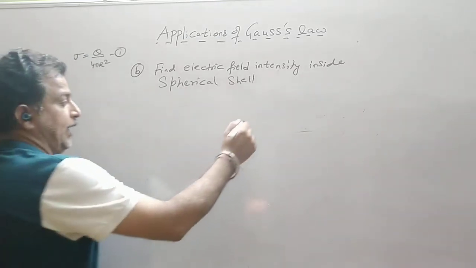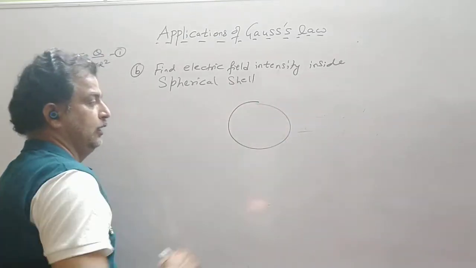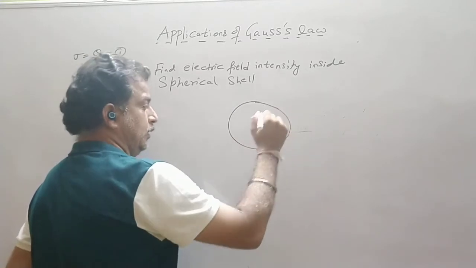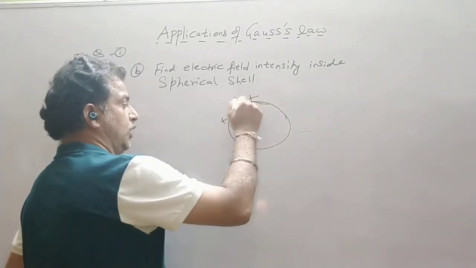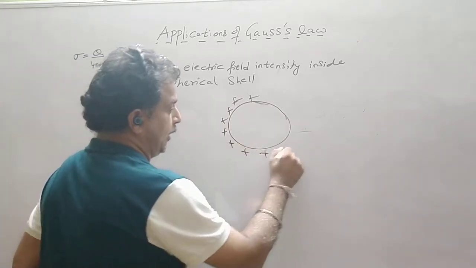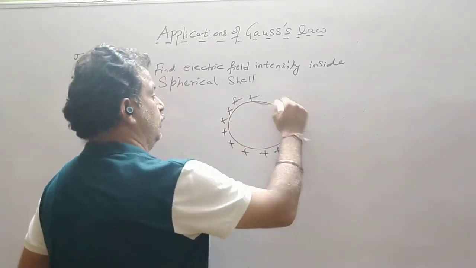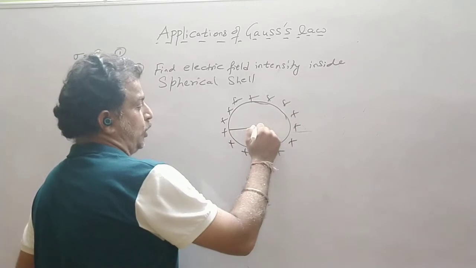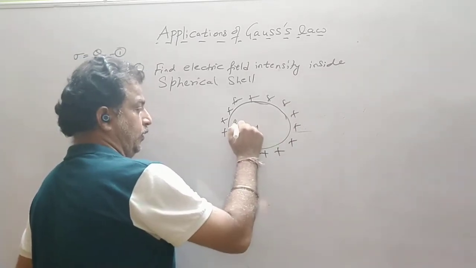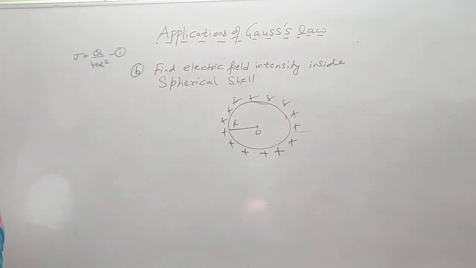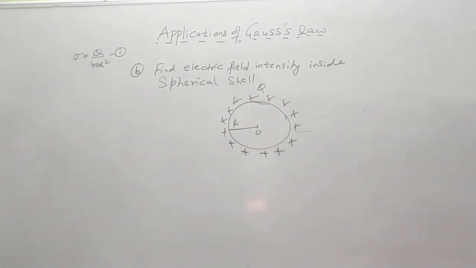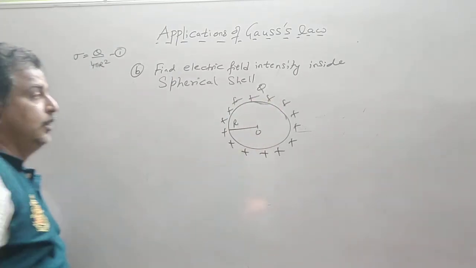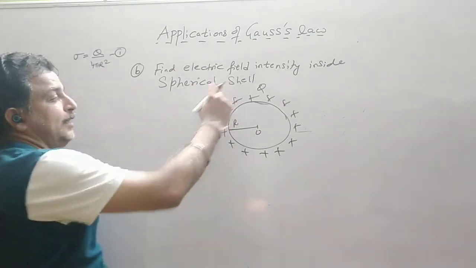So now again we take a source. Source was the hollow sphere on which the charge distribution is taken as positive. The radius was capital R. This is the center, and Q amount of charge was deposited on the surface. Now we have to take a point inside the spherical shell.